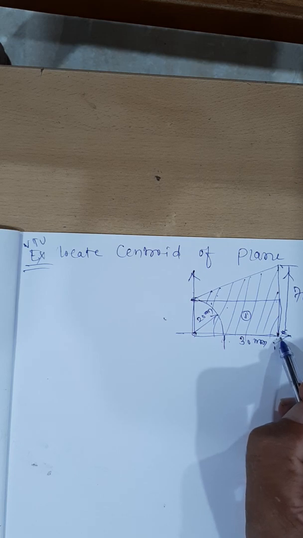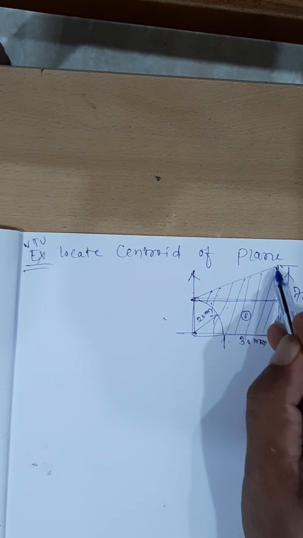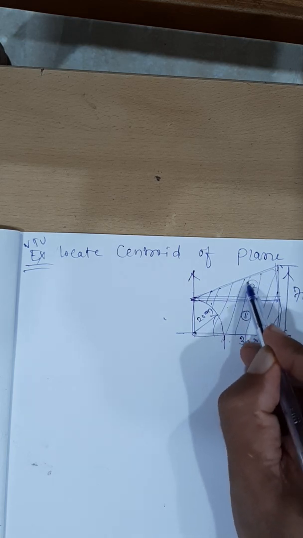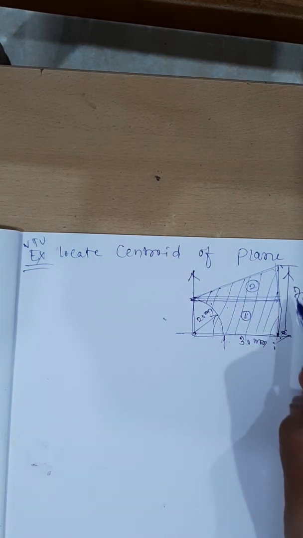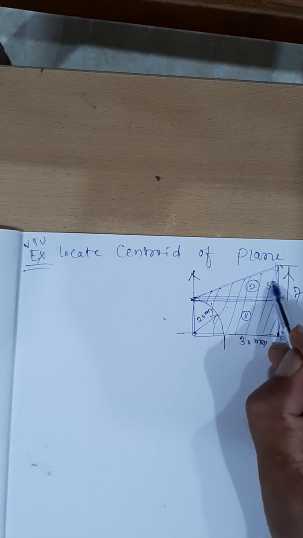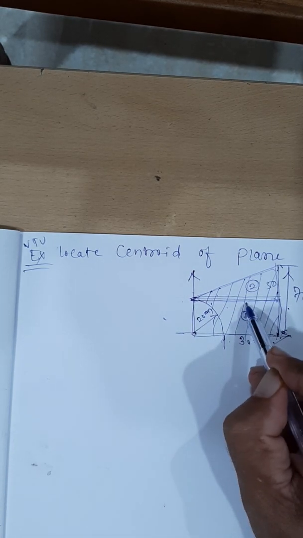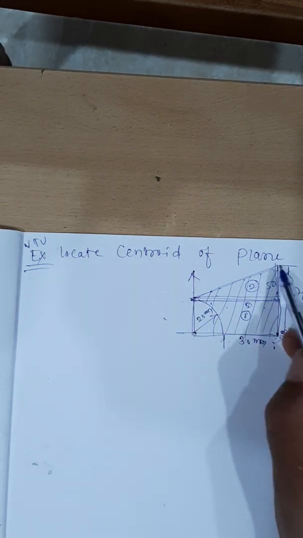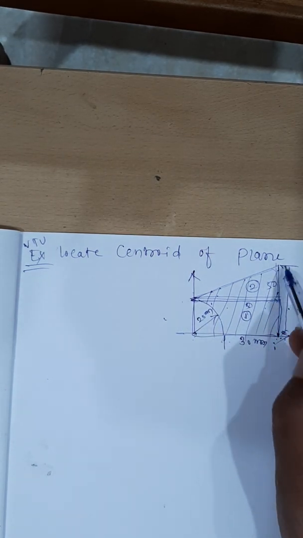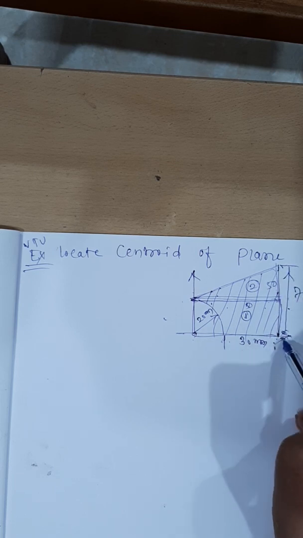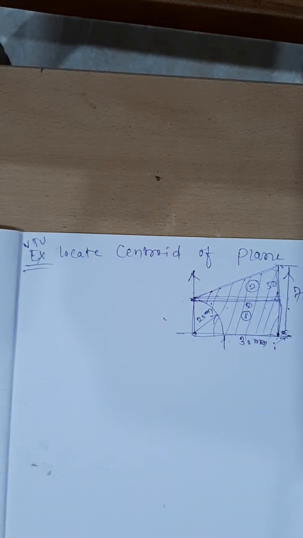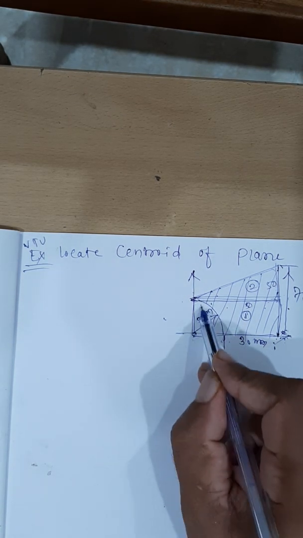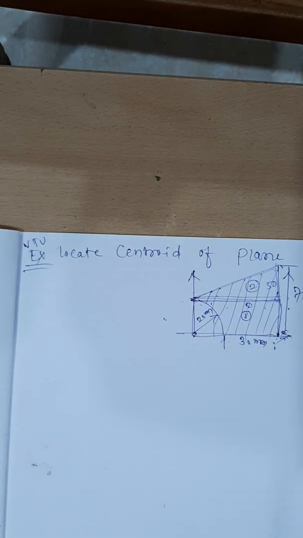Next, you go for a triangle. Its base is 50, since 20 plus 30 is 50, and its height is the total of 70, from which you need to remove this 20. That gives the second figure. From that you need to remove the third figure, so that you get the hatched figure.